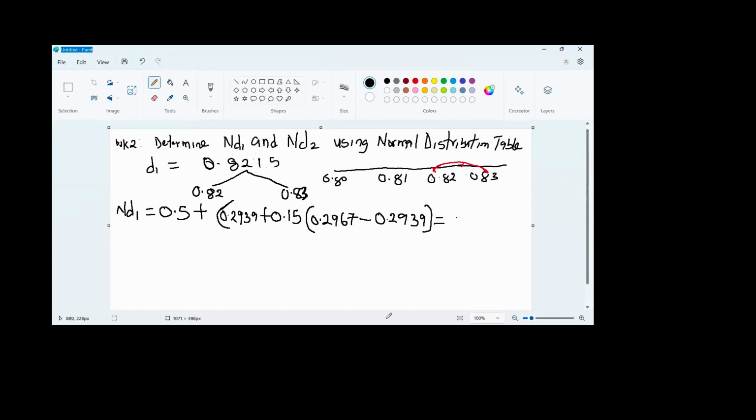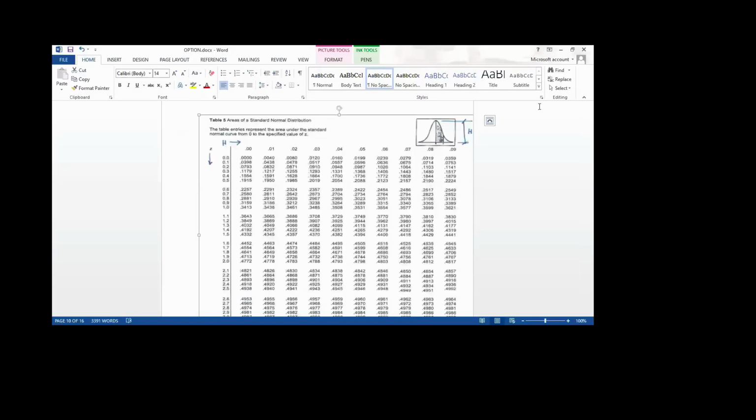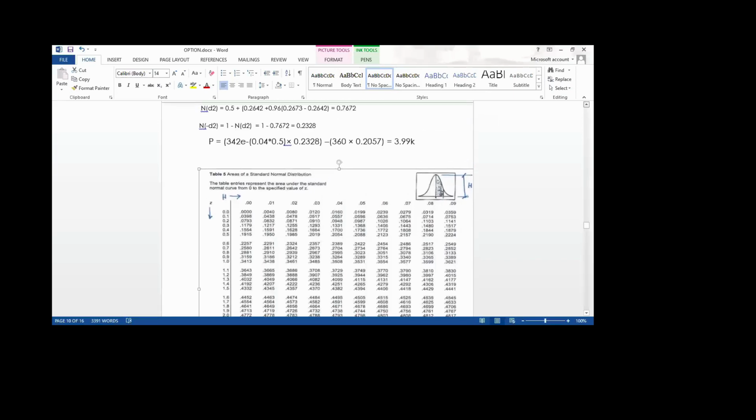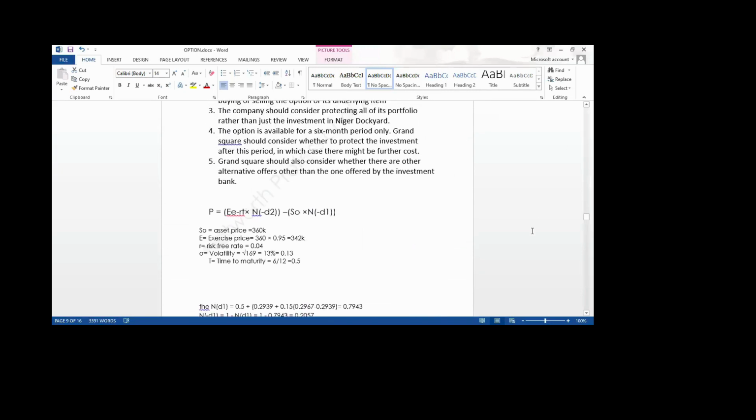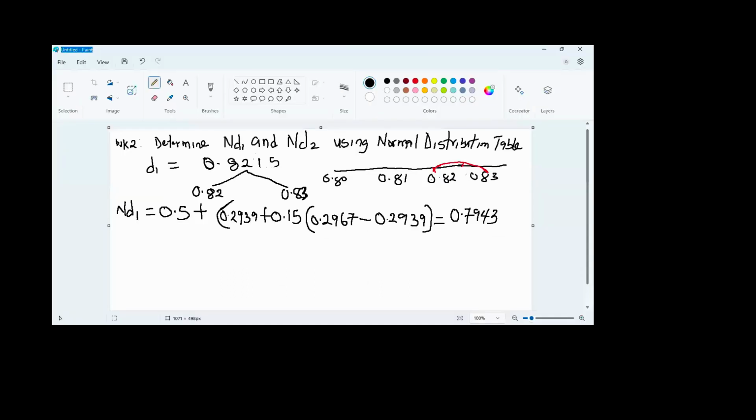If you work this out, you are going to get 0.7943, if I'm not mistaken. Please apply your calculator and check. All right, thank you, Blessing. You have gotten the normal distribution value of D1.